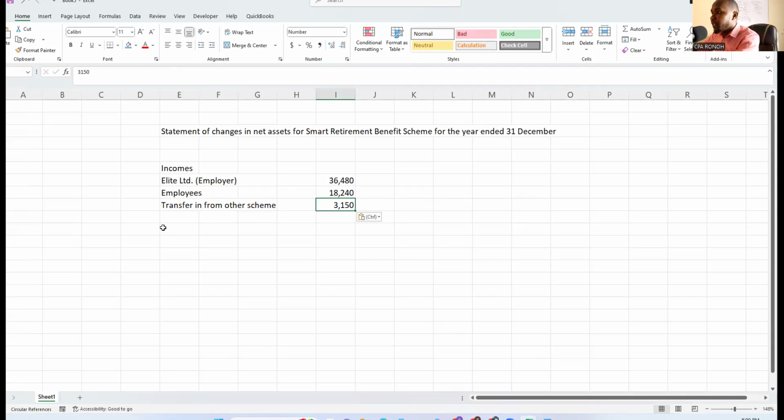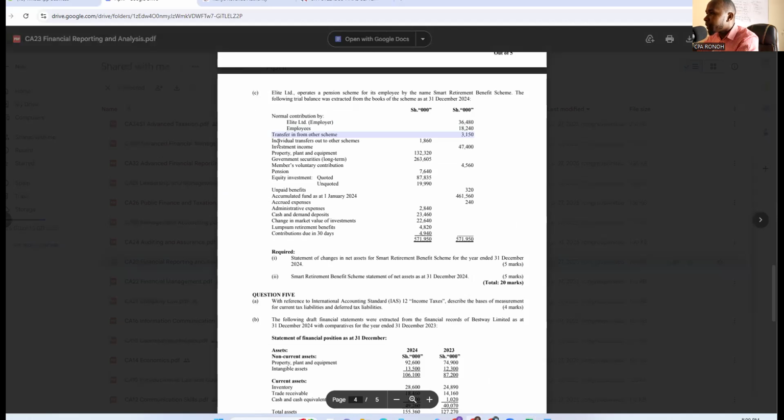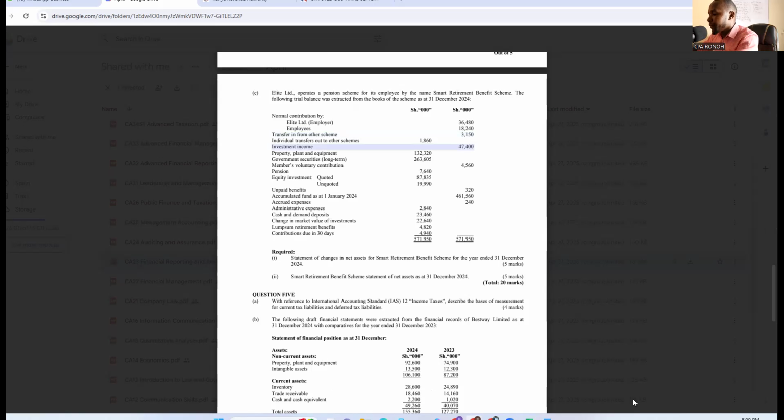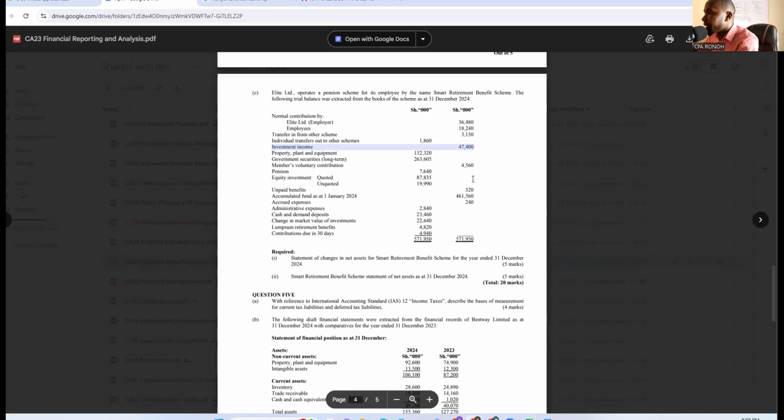And then we have the investment income, which we put here also. Let's see whether we have exhausted whatever is on the credit side.